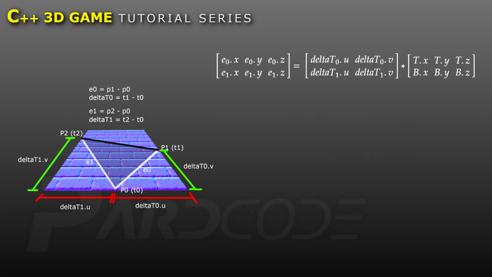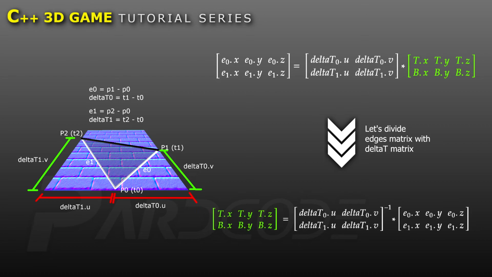Good! Now, in order to get the tangent and binormal vectors, we have to simply divide the edges matrix with the delta t matrix. That means we have to make the inverse of the delta t matrix and multiply it with the edges matrix.